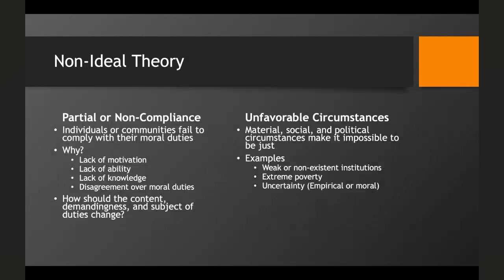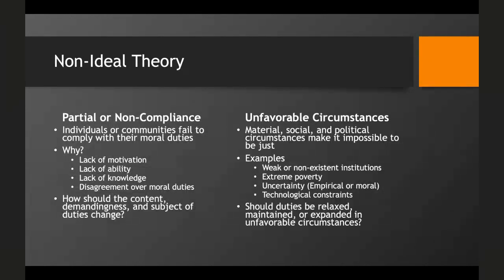Uncertainty, whether empirical uncertainty over what's going to happen or moral uncertainty over what the right thing to do is. Or there could be technological constraints, so that you just can't produce enough food or energy or supplies for a community to distribute those goods in a just way. So here we have to again ask, should the duties of justice be relaxed or made lighter, maintained, or expanded and made more demanding in light of unfavorable circumstances?